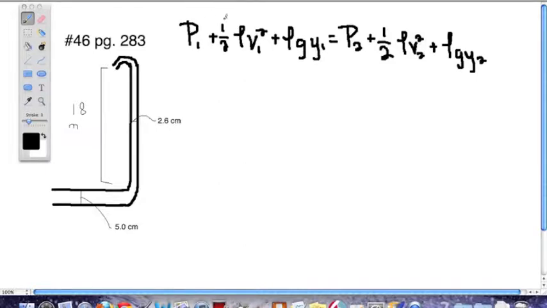So we know if this whole thing is equal to a constant, then whatever value of pressure is here, we can find the value of the pressure right here. So if we call this plane right here 0 meters and this plane at the top 18 meters, we can cancel out rho g y 1, and then we can get this long equation.